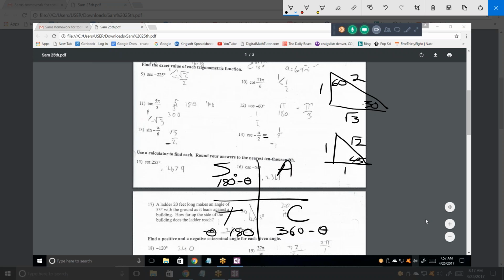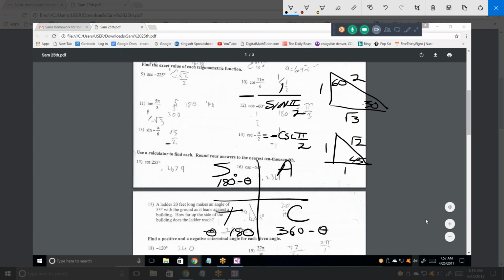In other words, it shares the odd-even property of sine, because it's the reciprocal. So it's negative cosecant of pi over 2. Well, cosecant of pi over 2 is 1 over the sine of pi over 2. What's the sine of pi over 2?